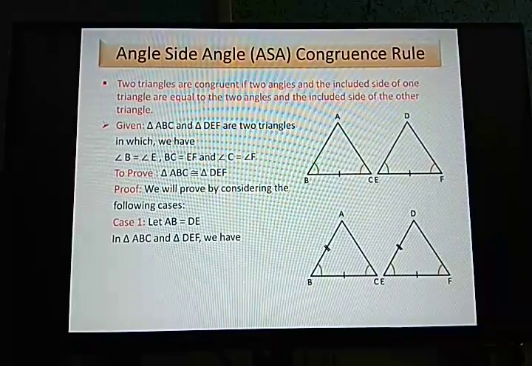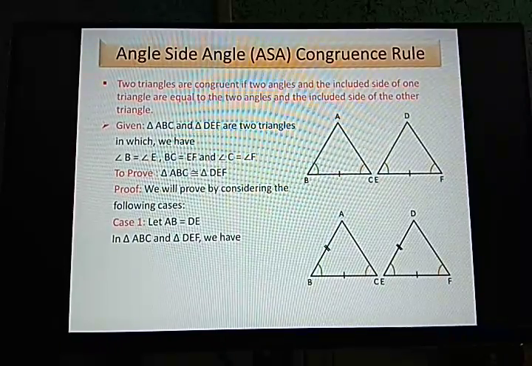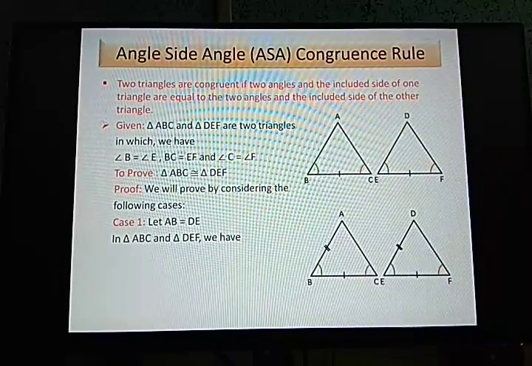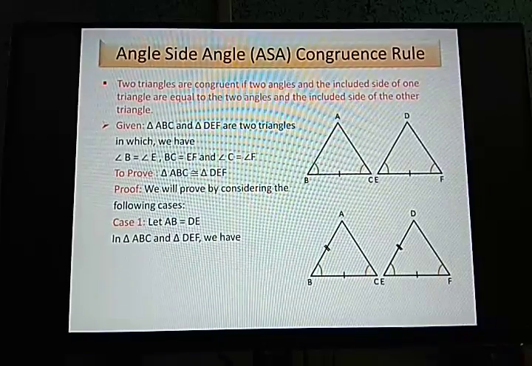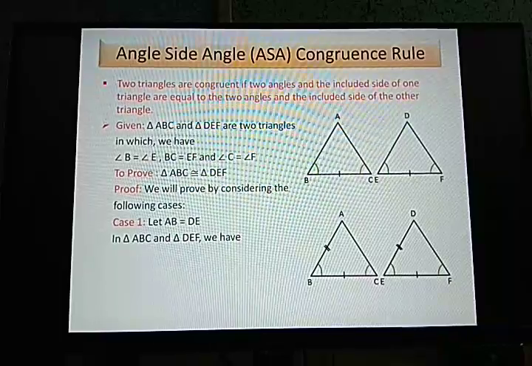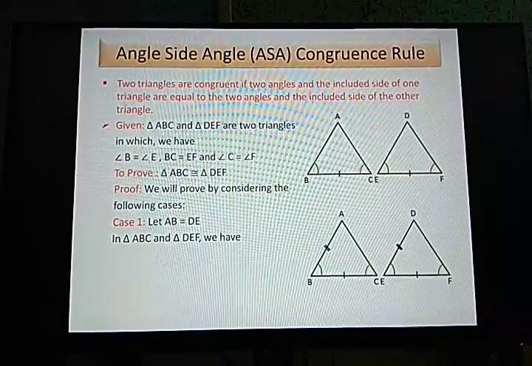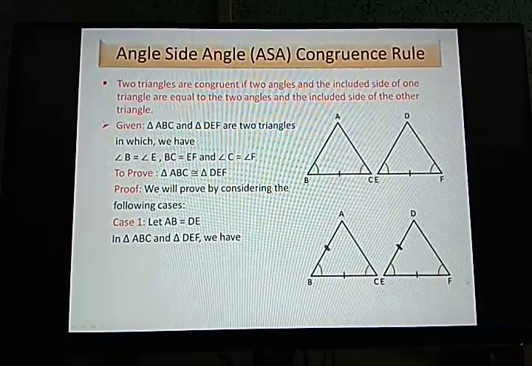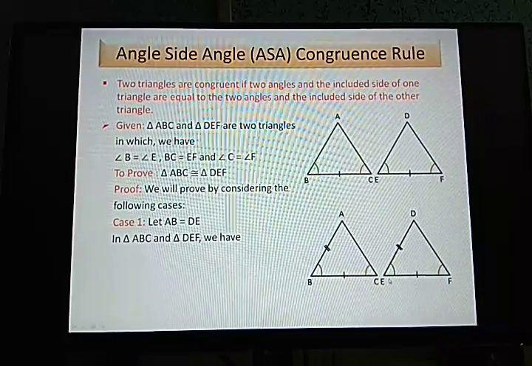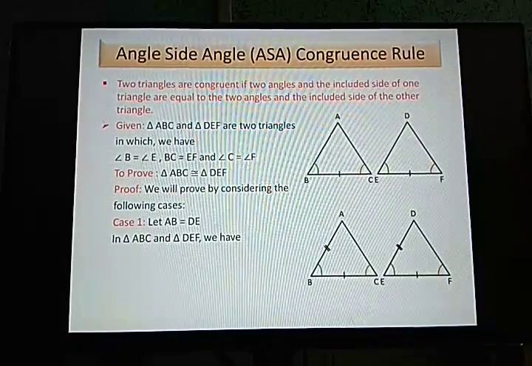Now in triangle ABC and triangle DEF, we are going to find out the congruency of these two triangles. We are going to find out which corresponding parts are equal in both the triangles. So if you see carefully in triangle ABC and triangle DEF, which parts are equal?